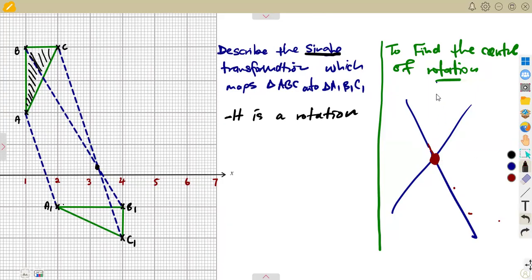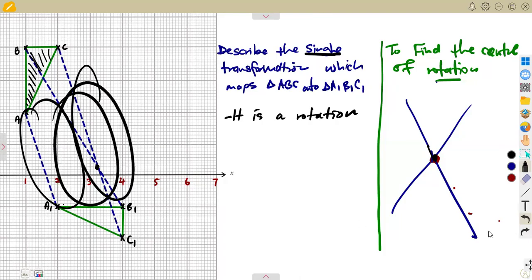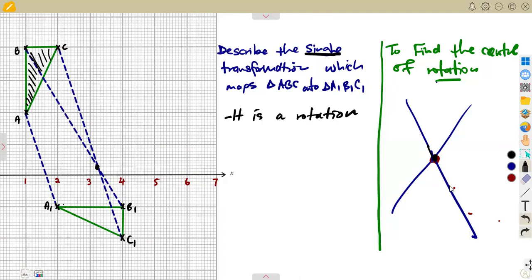No. The line is also passing through where these two bisectors meet. So if it does not affect my center of rotation, it is enough to bisect only two lines. There is no need for you to bisect all three. Just bisect two, and at the point of intersection, that's our center.